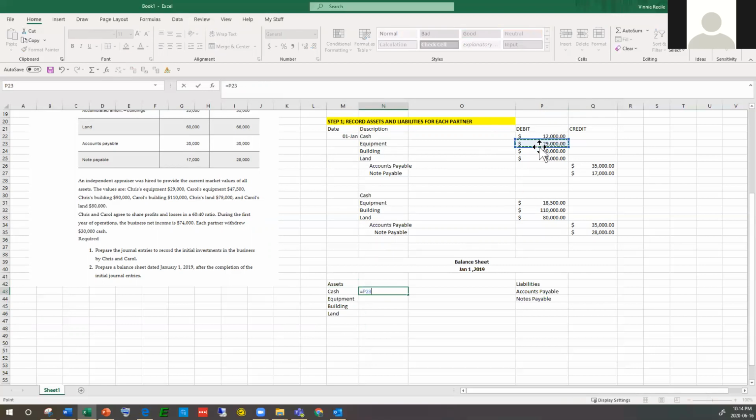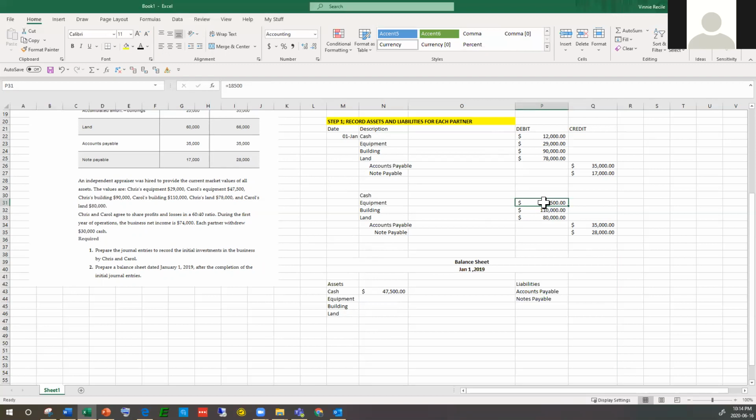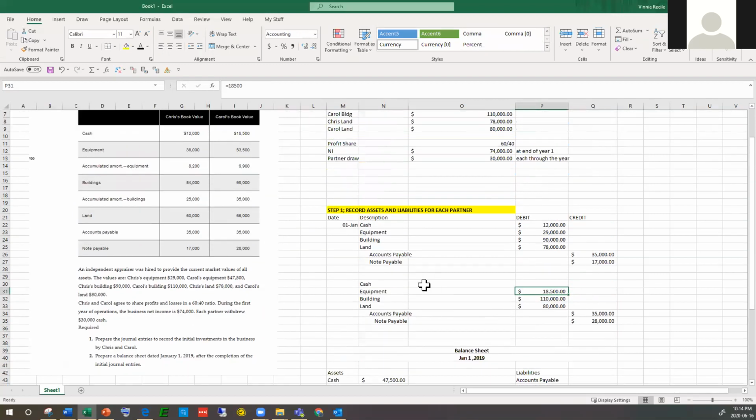So how are we going to add that up? We're going to add the $29,000 with the $18,500, which is $47,500. I think we have a number that's off here. So let's make sure we make a correction. This is cash. So we're going to roll this up, and this is equipment.